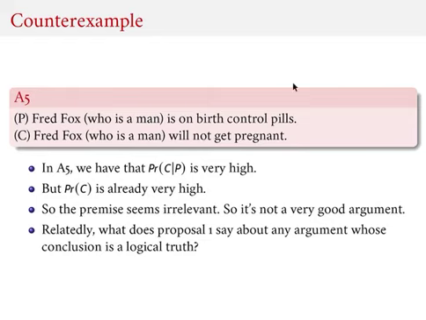For any argument with a conclusion which is a logical truth, regardless of the premise, you can ask how high the probability of the conclusion given the premises is, and the answer is that it will be very high. But there will be cases in which it nonetheless doesn't seem like a very good argument. And so that is something you can work through to find other problems with our proposal.